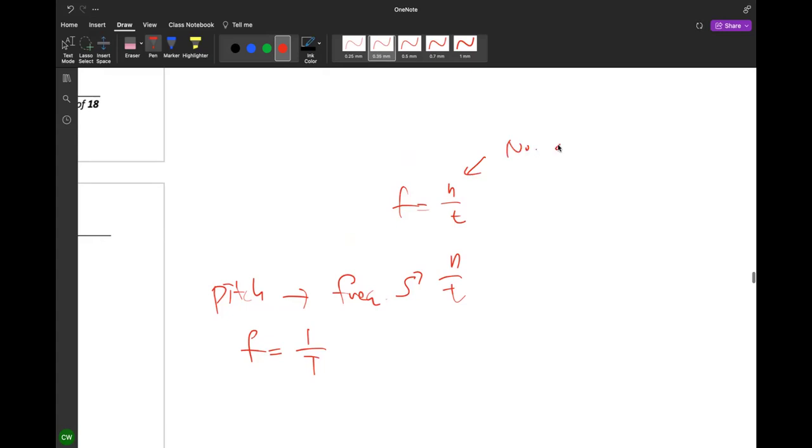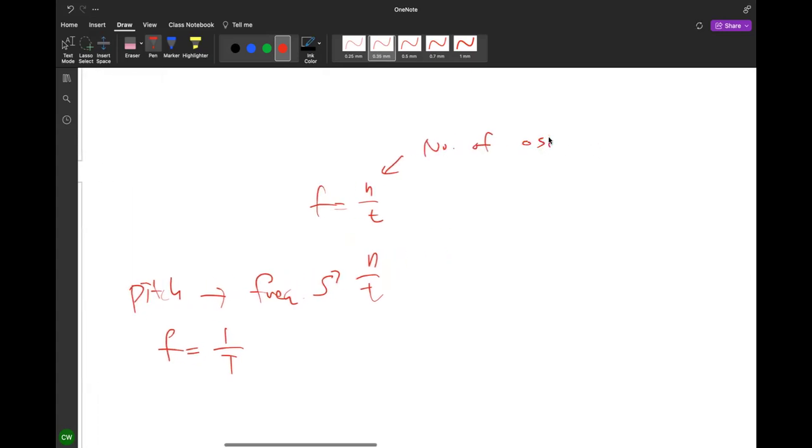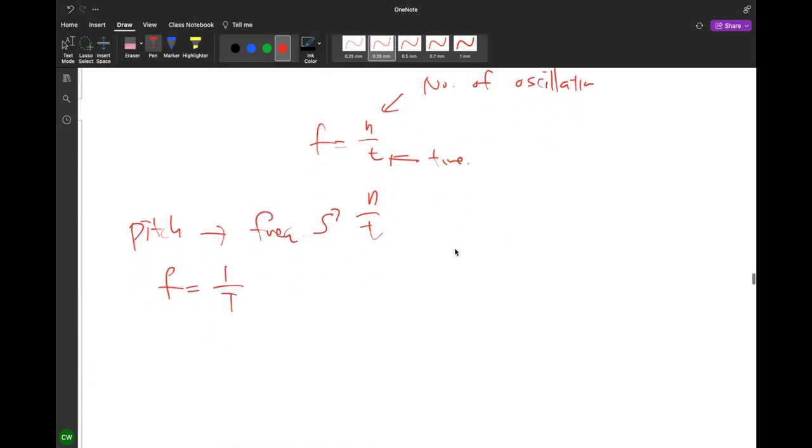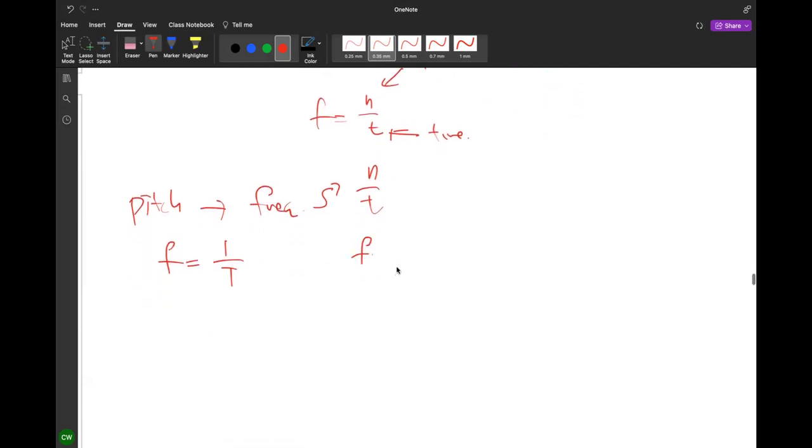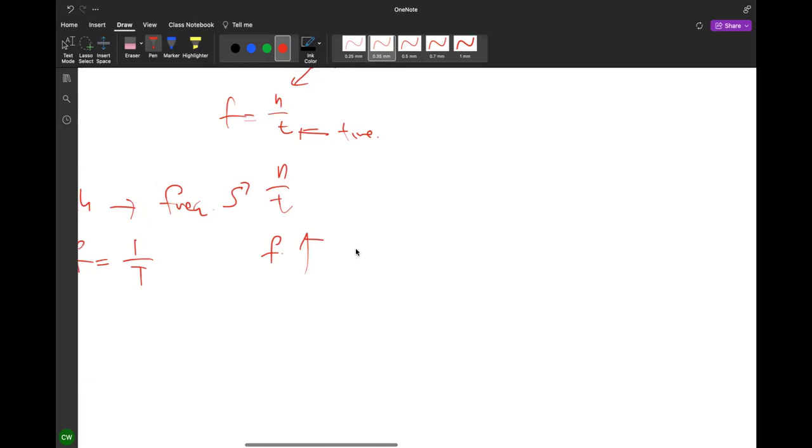Number of what? Oscillations. And T is the time taken. So if the frequency is very high, you see more waves.